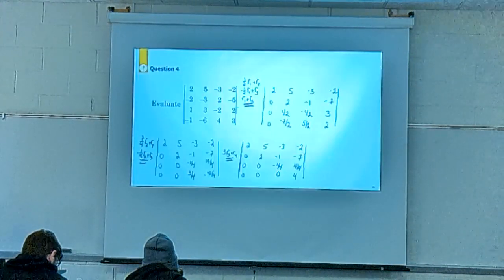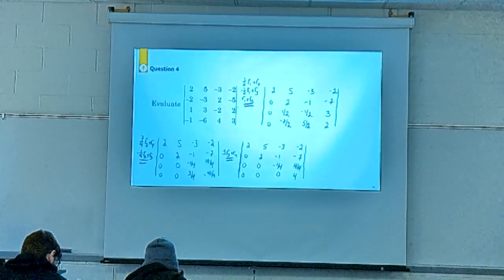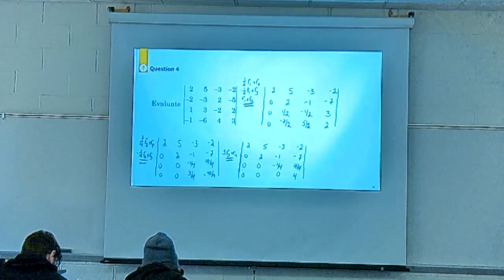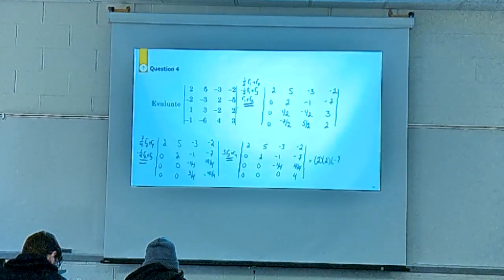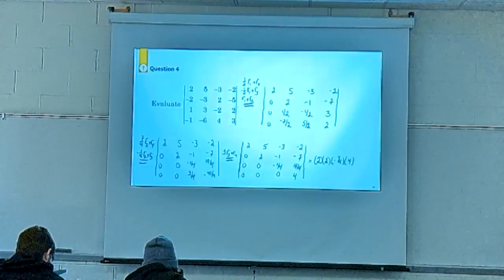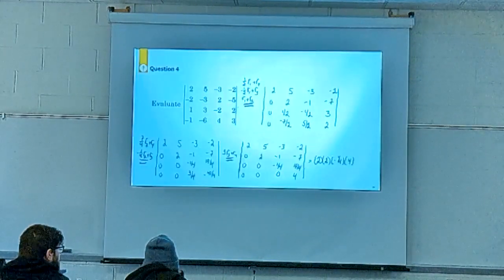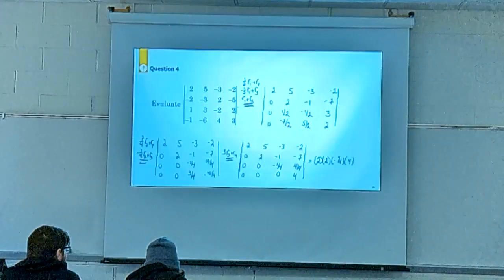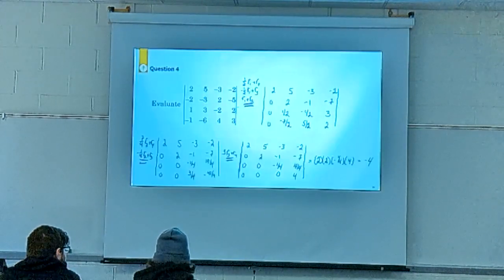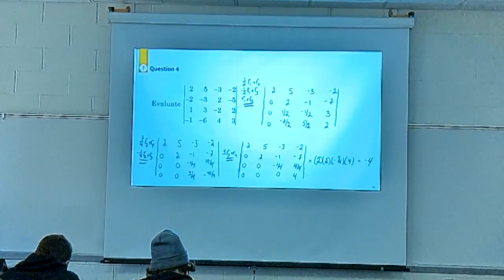Now we have triangular. Oh, that product is nice. 2 times 2 is 4, times -1/4 is -1, times 4 is -4. There's your determinant.